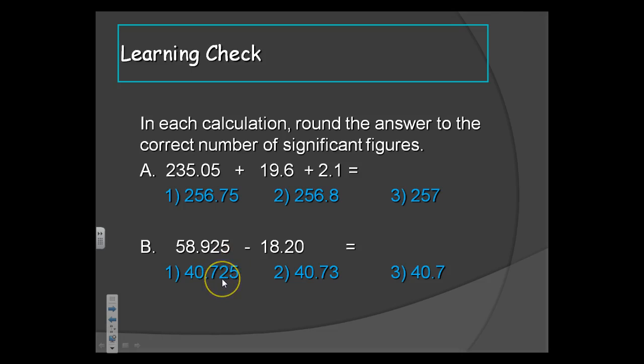So we're going to go to 2 decimal places, consult this next number. It is a 5, so it's going to make that 2 round up, and the answer again is number 2 right here with 2 decimal places for that answer. If one of these numbers didn't have any decimal places, that would be the least number of decimal places, and you would want to round your number so that it has no decimal places.